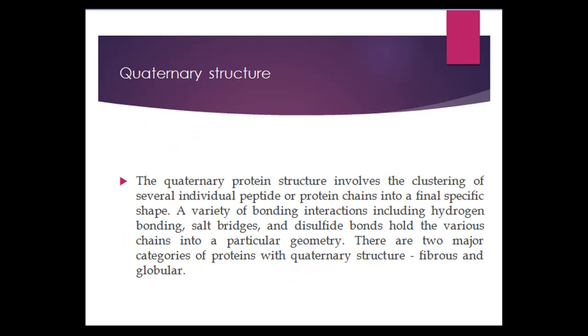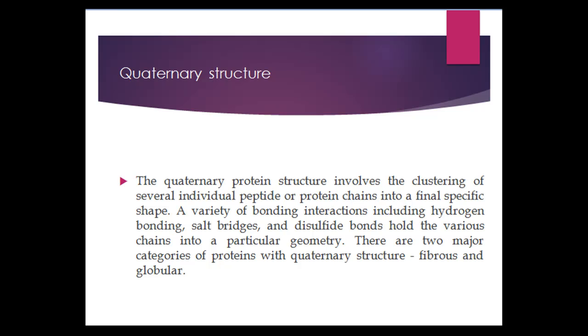The last level of the protein structure is the quaternary structure. The quaternary protein structure involves the clustering of several individual peptide or protein chains into a final specific shape.